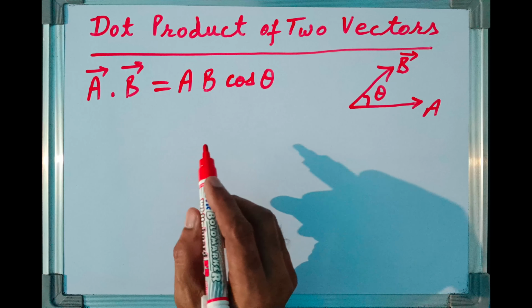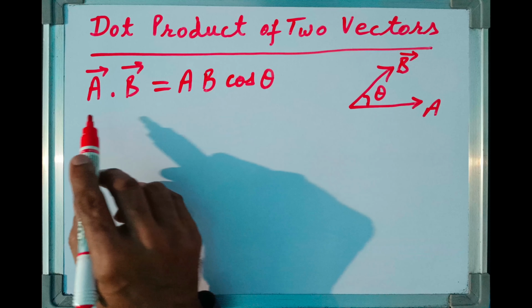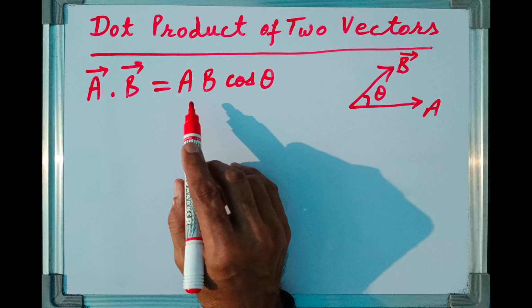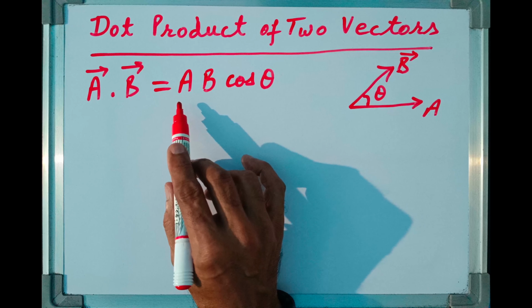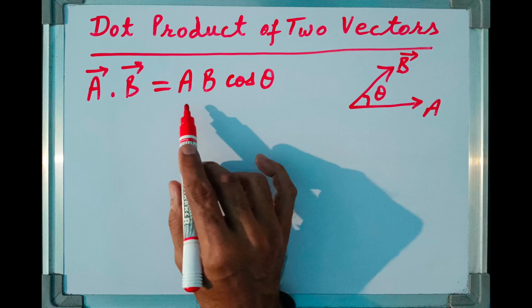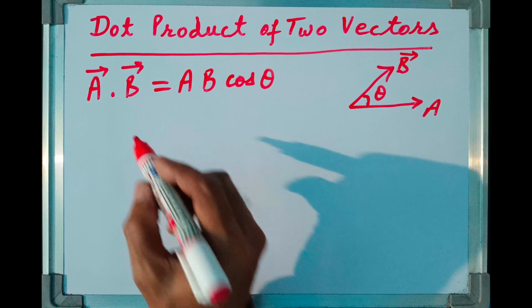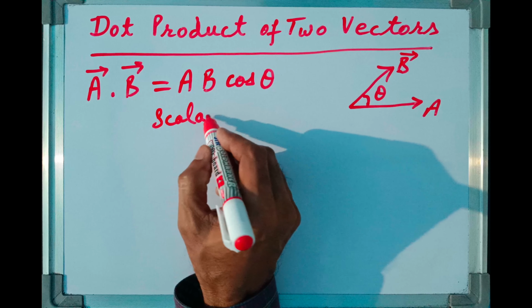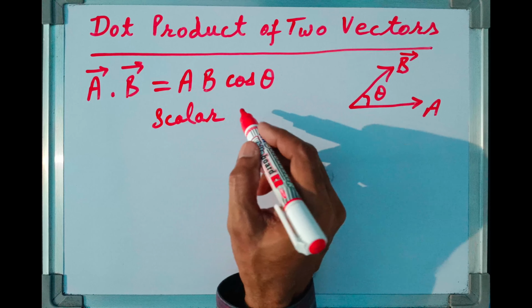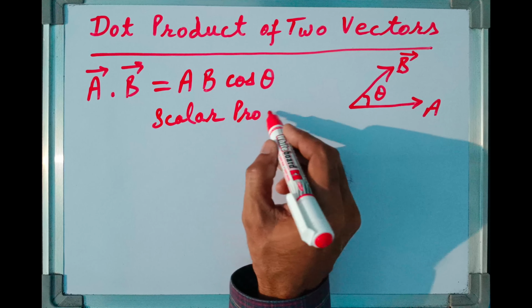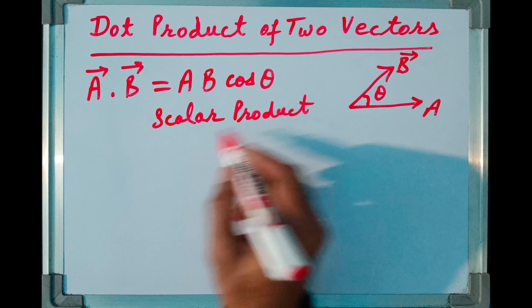As it is clear on the right hand side, the result of dot product is a scalar quantity, because everything on the right hand side, that is magnitude of A, magnitude of B, cosine of the angle, all three things are scalar. So this dot product is sometimes also known as the scalar product of two vectors.